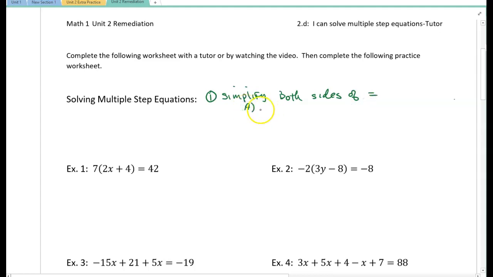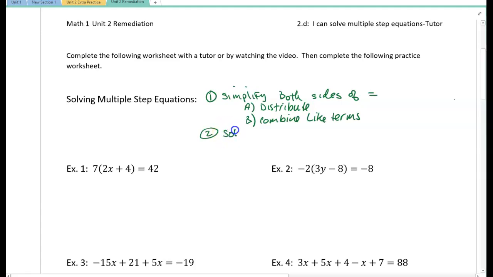And anytime we talk simplify, the first thing we do is we look to distribute. And second is we look to combine like terms. Now, once we do this, basically we're down to a two-step equation.